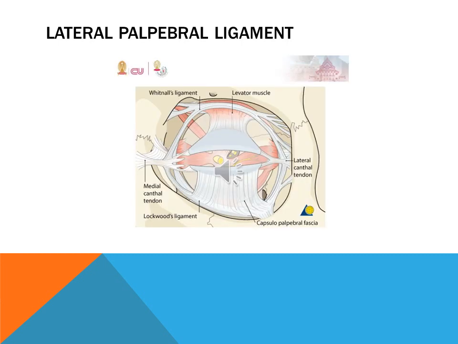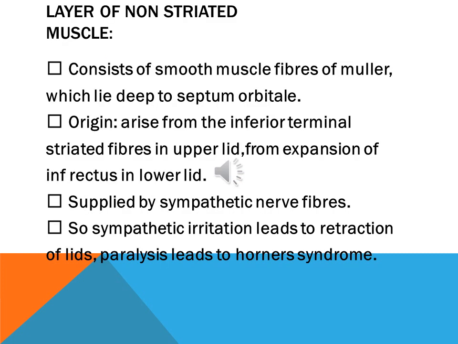The orbicularis gets its nerve supply through the seventh cranial nerve, the facial nerve. The non-striated or smooth muscle of the eyelid is Muller's muscle, which is deep to the septum orbitale.